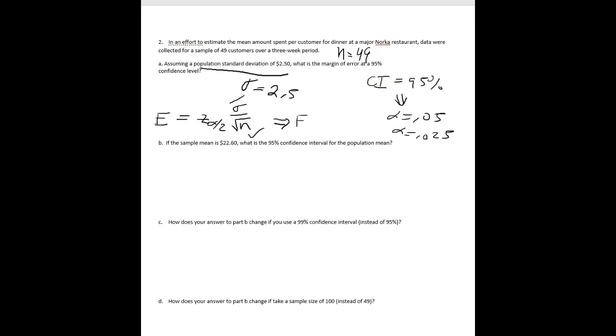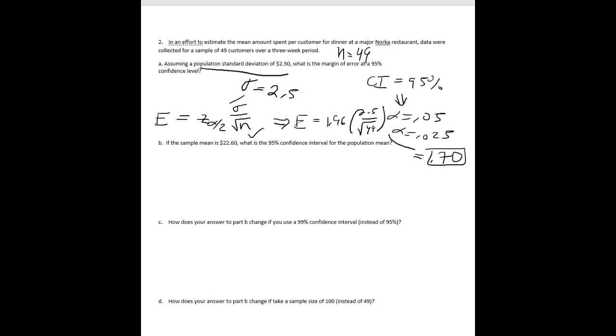E is equal to 1.96 times 2.5 over the square root of 49, and that is roughly 70 cents, so 0.70. So that is our margin of error.